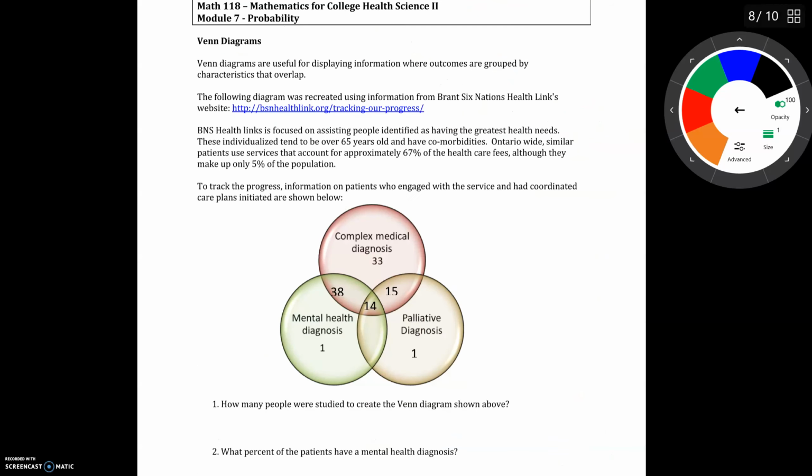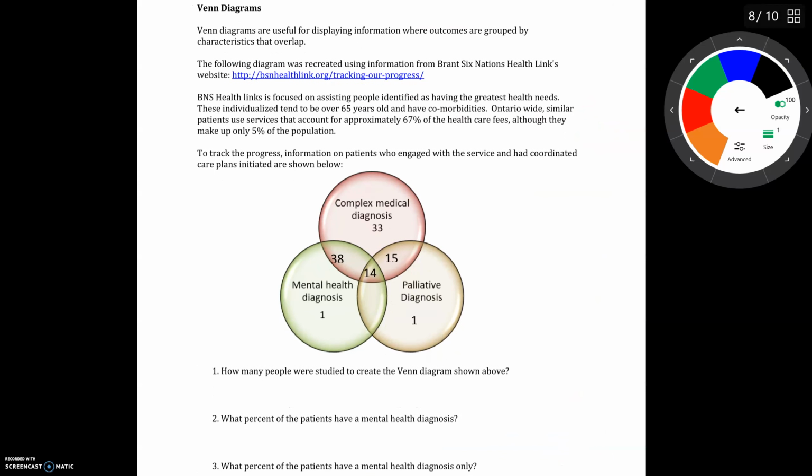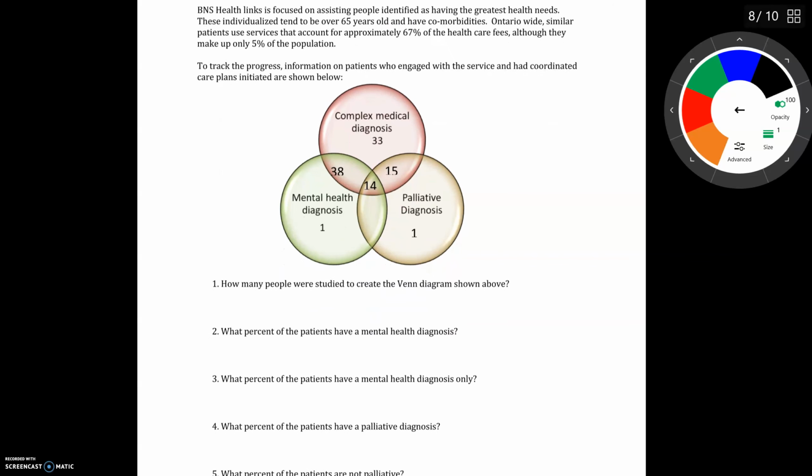Okay. And then the final type of way of organizing data that we want to quickly overview are Venn diagrams. So Venn diagrams are also used for displaying information for non-mutually exclusive categories. So where they're overlapping categories. And so based on a Venn diagram, if we want to know how many people were studied, we have to add up all the different values.